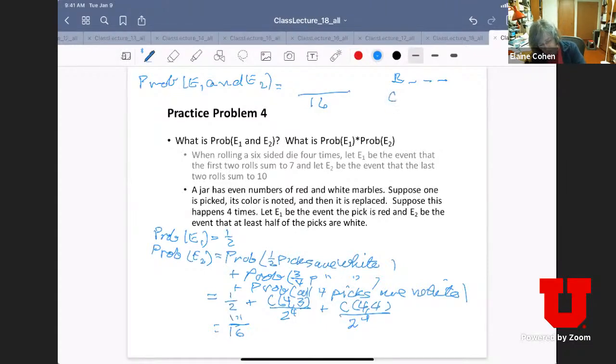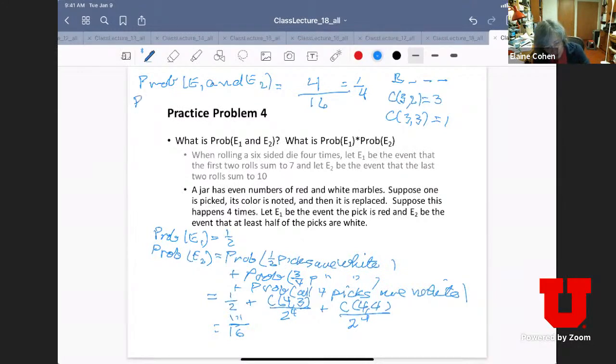Well, that's C of 3, 2. I got 3 picks, 2 of them have to be white, or C of 3, 3. So C of 3, 2 is 3. C of 3, 3 is 1. Are there any other choices? No. So I have a total of 4 possible ways over 16. So that's probability 1/4 of having the first one red and at least 2 of the total white.